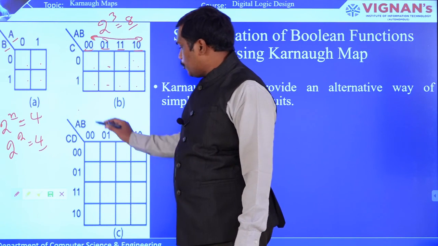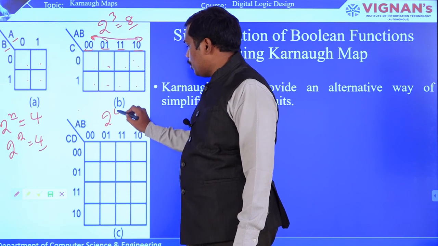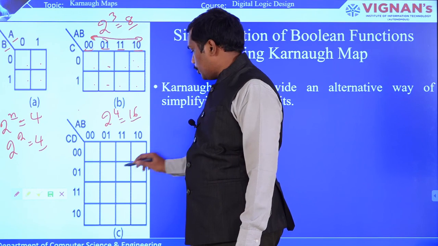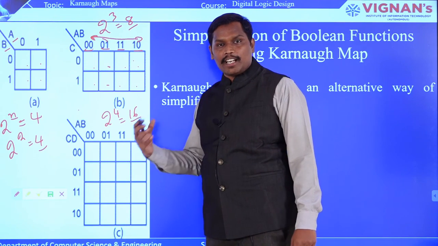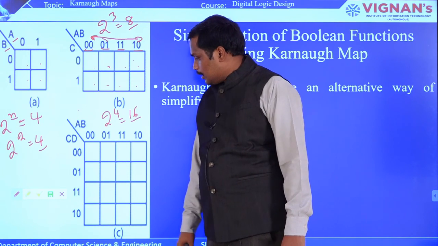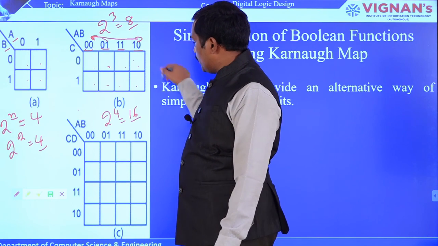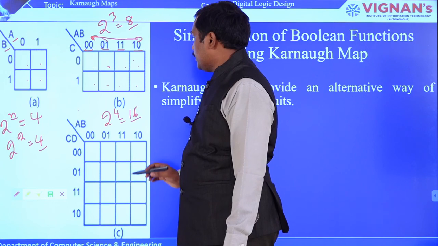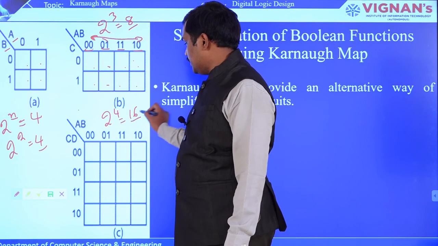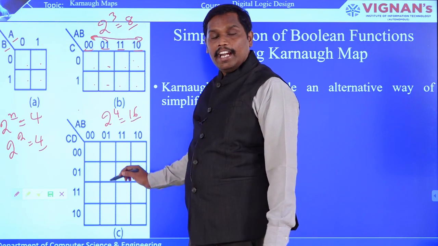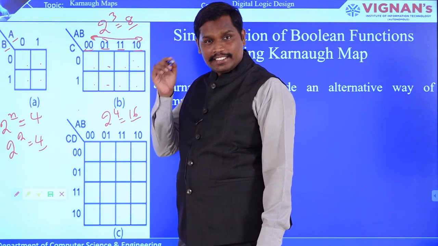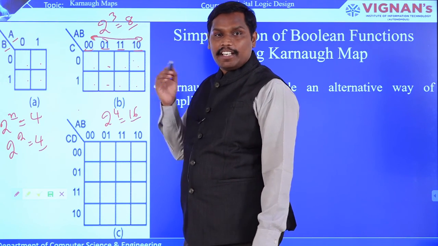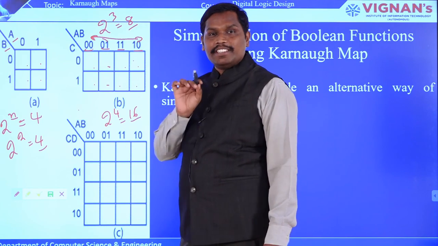Okay, and now coming to 4 variables map. So 2 power 4, which is equal to 16 cells. So you can see all the 16 cells over here, and this is how you are going to construct a Karnaugh map for 4 variables. Okay, so now while we are writing this, you can see here that these particular 16 cells will be there, and whenever the expression is given to you, whether it is in SOP or POS, that particular expression, using this Karnaugh map, you can simplify the expression.